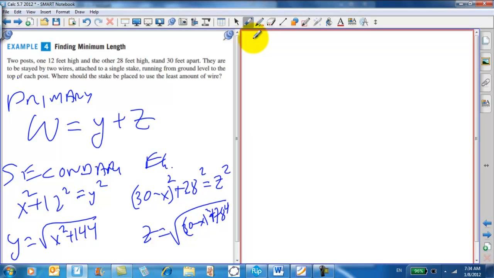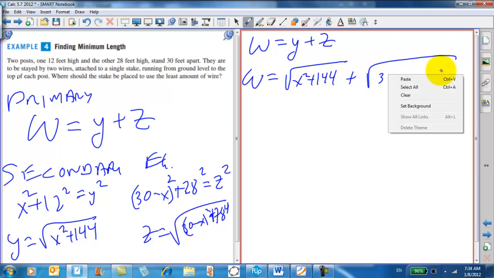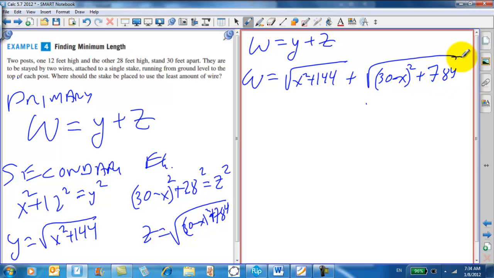So our primary equation, w equals y plus z, becomes the square root of x squared plus 144 plus the square root of (30 minus x) squared plus 784. I think we're going to ask the calculator to do the derivative on this one.